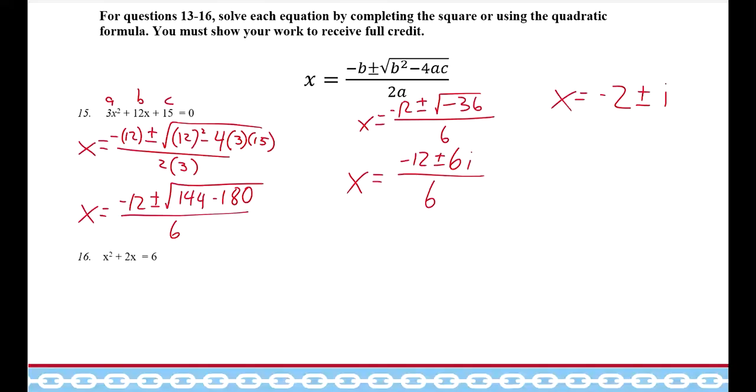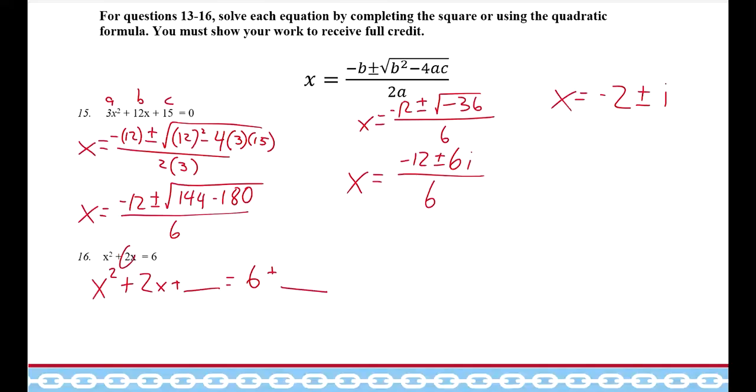For 16, we could subtract the 6 away to the left side so that it equals 0 on the right side. Or we could try to complete the square, right? So x squared plus 2x plus something is equal to 6 plus whatever it is we decide to add to the left side.